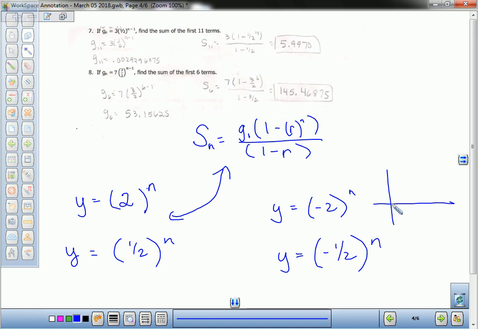Anything to the 0 power is 1, right? But if we do it to the first power, it is -2. The second power, it is positive 4. The third power, it is -8. Wow. The fourth power, it's positive 16.